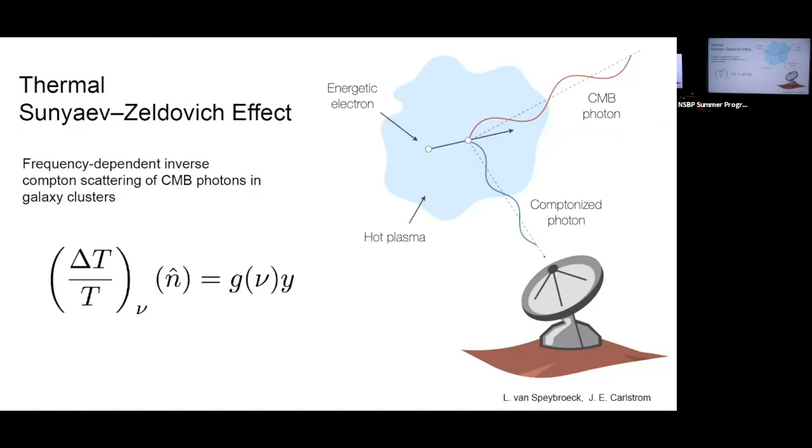It's always blueshifted, but depending on the frequency of the Planck map you're looking at, it can either show up as an increase or a decrease in the antenna temperature. This is really well characterized by this expression up here, in which y encodes all of the information about the galaxy cluster in terms of the distribution of electrons, the important information anyway, while g characterizes the frequency dependence, which is once again a known function.